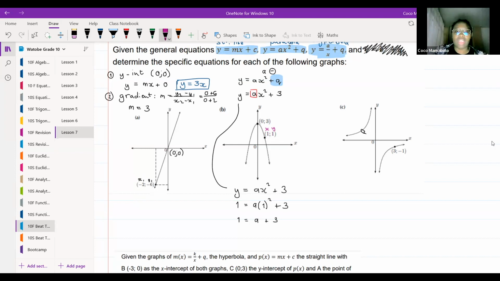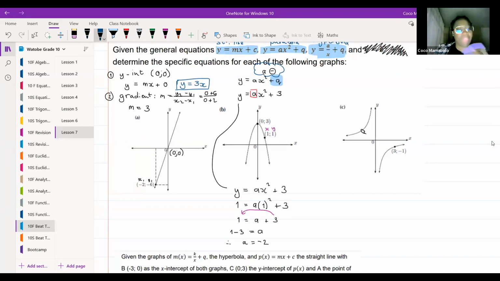If I take 3 over to the other side of the equal sign, it becomes minus, guys. So I'm going to get 1 minus 3 is equal to a. Therefore, a would be equal to 1 minus 3, which is negative 2. We've just had a whole conversation about how our a value must be negative because our graph is frowning.